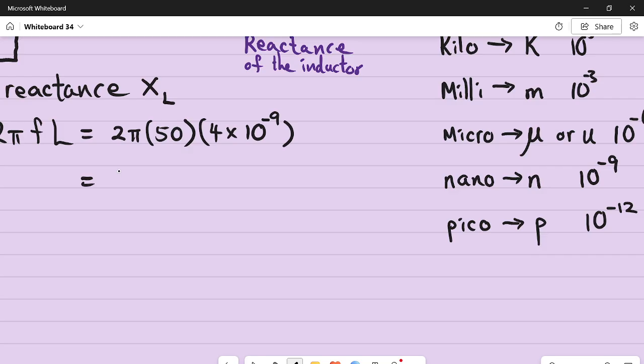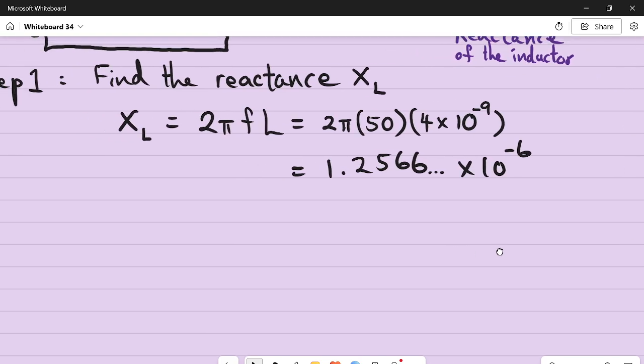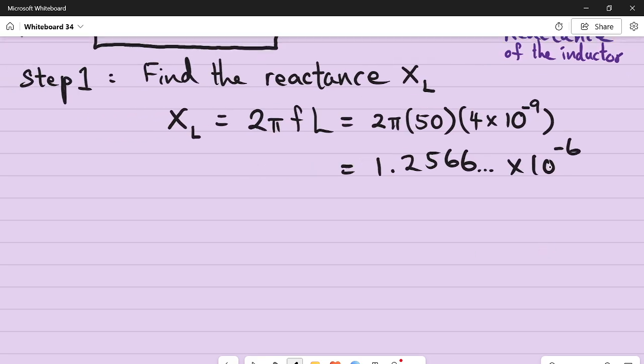So I'm getting 1.2566 times 10 to the power minus 6. Keep that on the calculator like that because you're going to square it. So now back to the impedance. I forgot to put ohms there.